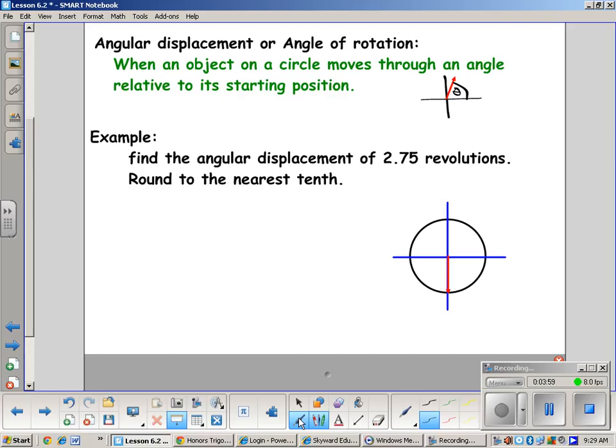And then you convert it. So I'm not going to convert it. I'm going to do it right now. What is 1 revolution? It's 2 pi. 1 revolution equals 2 pi. So to change from 2.75 revolutions, I'm going to say 2.75 times 2 pi.